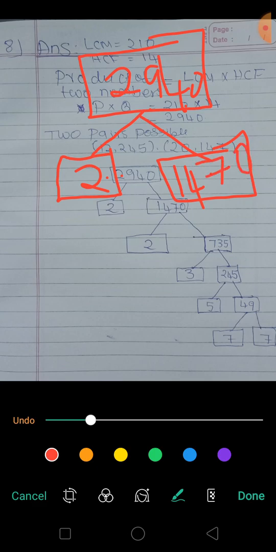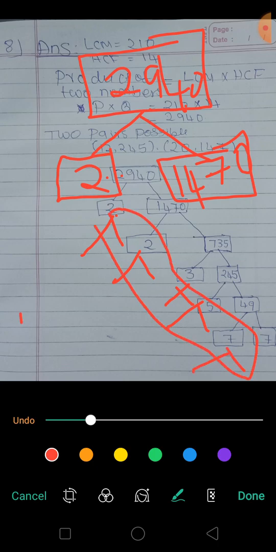1470. Look at that: after 2 we don't have any line, after 3 we don't have any lines, after 5 and after 7 also we don't, because these are prime number factors. Once you get 2, 3, 5, 7, 11, 13, you should not draw this line, because that is the last term.